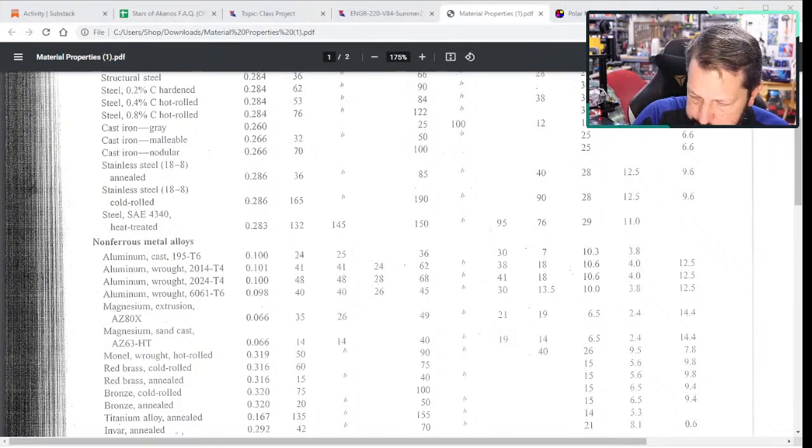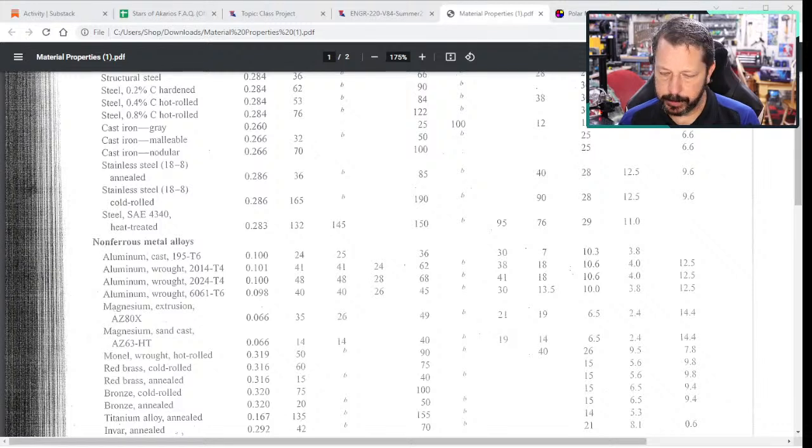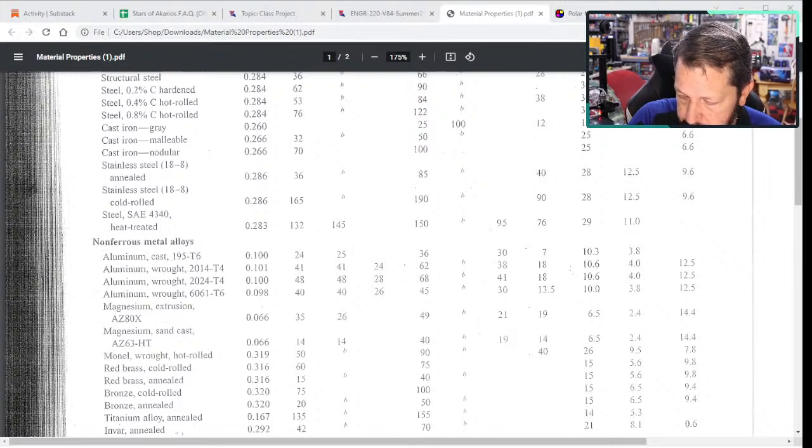So this is 20. Let's see if we can get these units right this time. 12 inches per foot. The outer diameter is 2 inches, but we want the radius, so the radius is 1 inch, divided by 2.